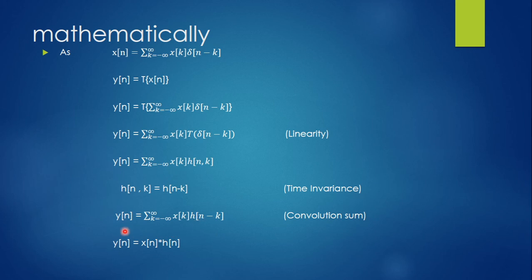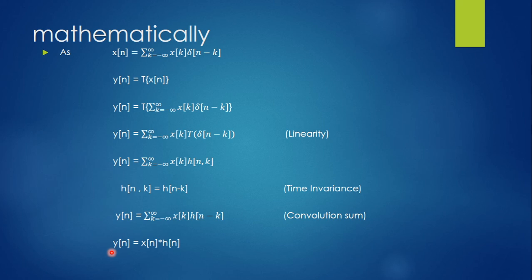And the output we get is y[n] = sum over k from minus infinity to infinity of x[k]h[n-k]. This is the convolution sum, known as the convolution equation. A very, very important equation in DSP, convolution. Its representation is something like that: x[n] convolved with h[n] to get y[n].